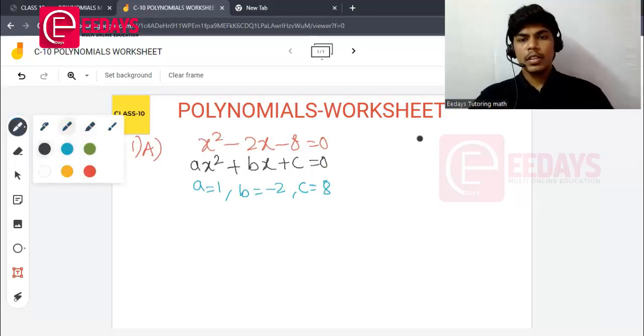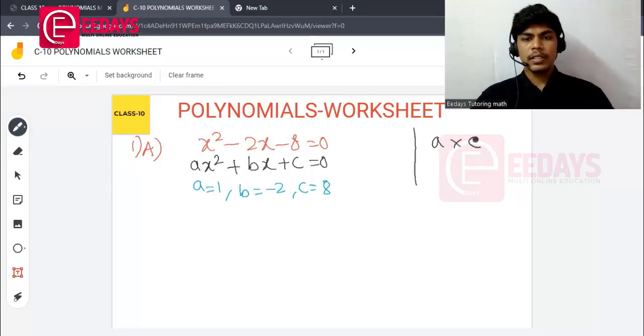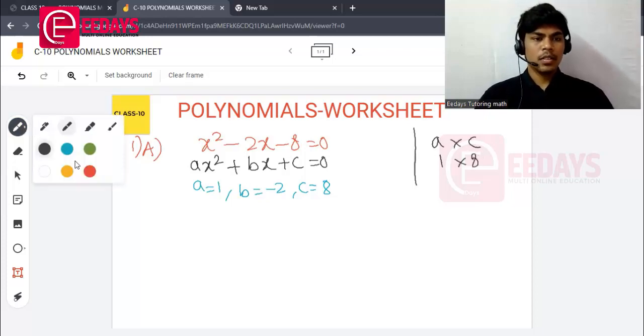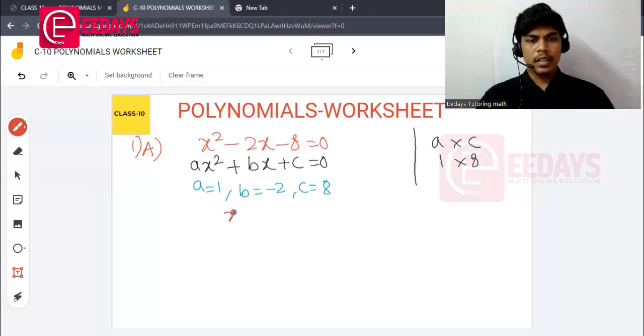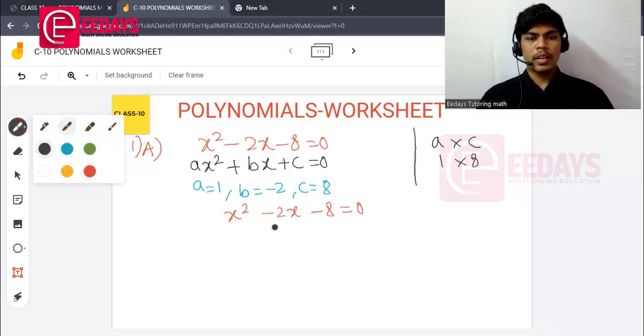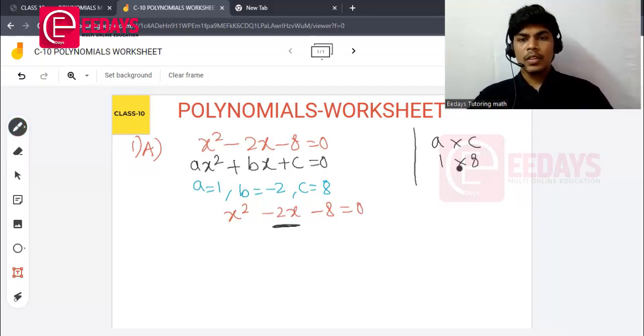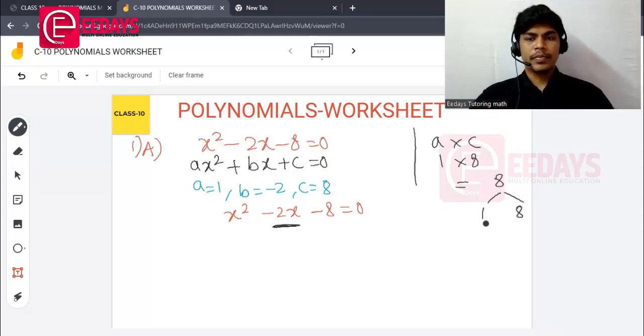Very first step, you just multiply a into c, that is 1 into 8. Okay, first write the equation here. x square minus 2x minus 8 is equal to 0. We are doing the splitting the middle term process. So 1 into 8, 8 here. Factors of 8: 1 times 8, 2 times 4, and 4 times 2, 8 times 1, right?